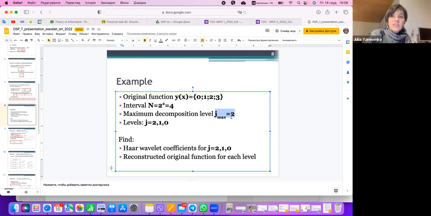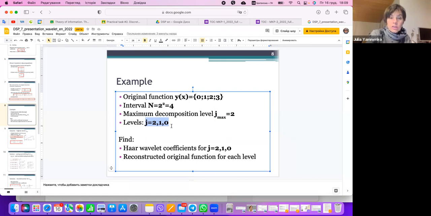And this counter of levels, J, could only be decreased, not increased, and it is always decreased till 0. So in this very simple example, we are starting from 2, and J automatically takes the values 2, 1, and 0. It is very important to understand it, because if you understand it for a very simple example, you will be able to do it for far more complicated cases.